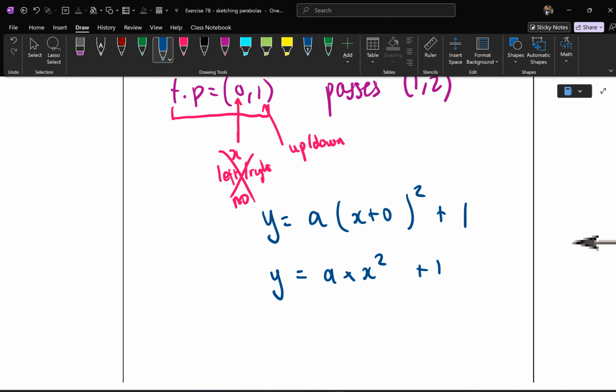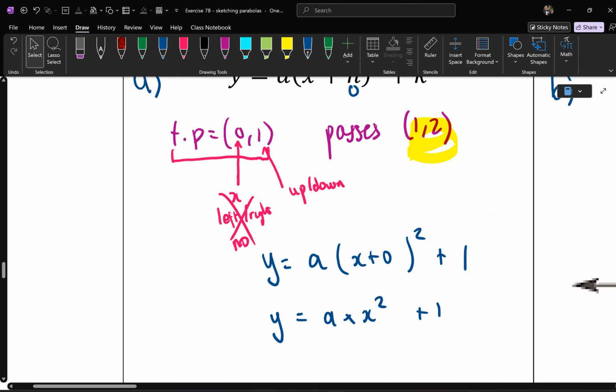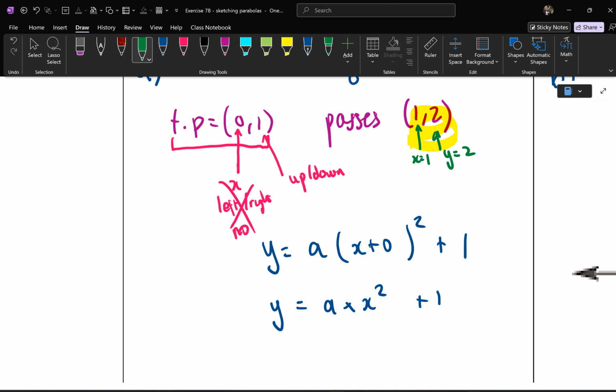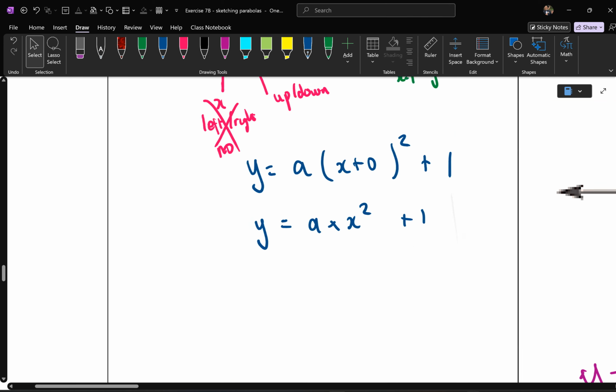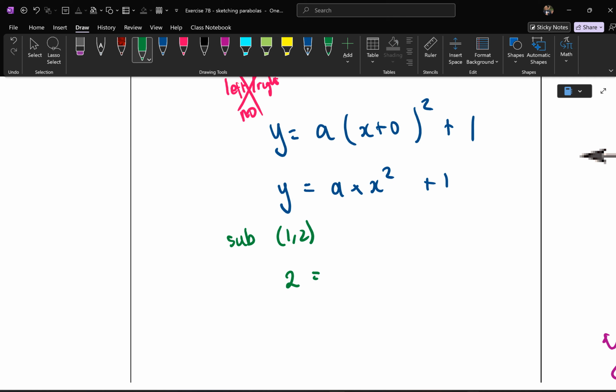So how do you solve for it? Well, that's why they said it also passes through 1, 2. That tells you that when x is 1, the y value must be 2. For this rule to work, I need to sub 1 in, and the result has to be 2. So I test it. Let's sub 1, 2. This now becomes 2 equals a times 1 squared plus 1.